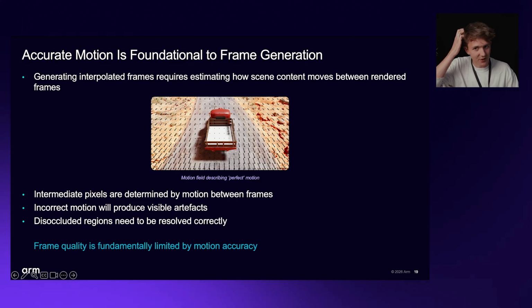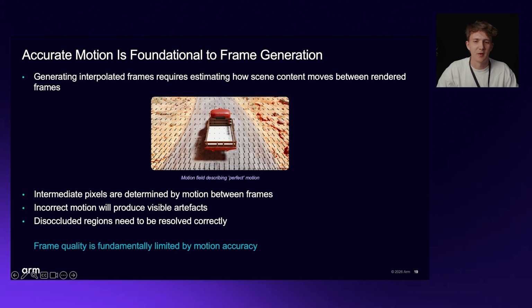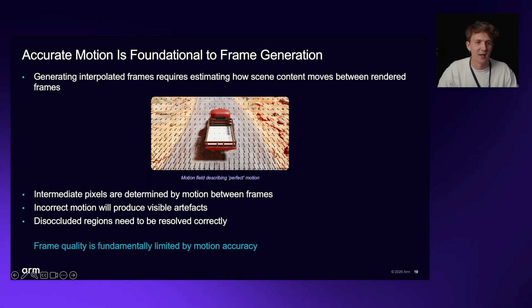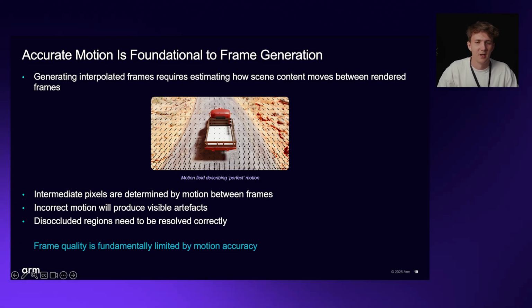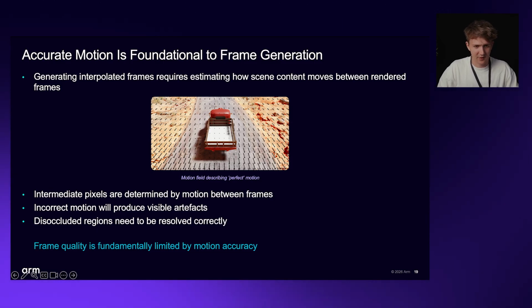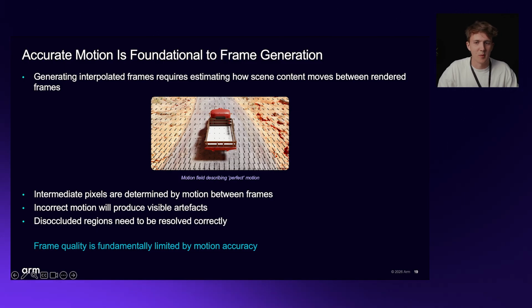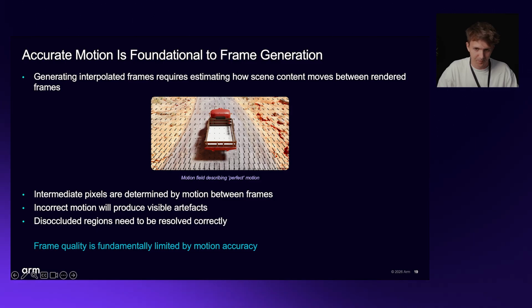This matters because the intermediate pixels depend on how the objects and surfaces move between the two rendered frames, and a small motion error can turn into a very large visible artifact in the generated frame. Additionally, newly revealed or disoccluded regions can appear, and these need to be resolved correctly. Effectively, the quality ceiling for frame generation is set by the quality of the motion information that we have available and the ways in which we combine it.